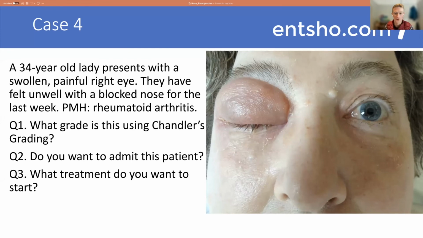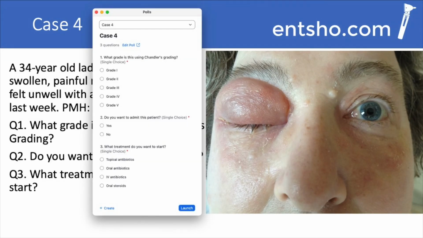Do you want to admit them, and what treatment would you want to start? Just over half of you have got your answer in, so final 10 seconds. All right, I'm going to share the results now.